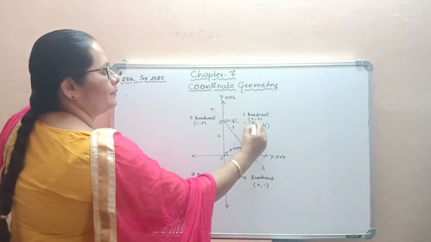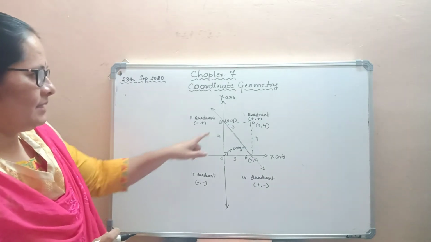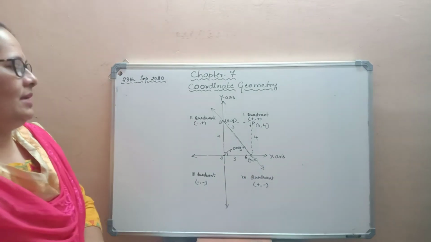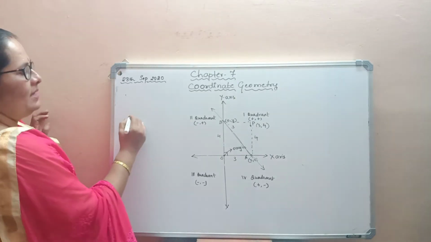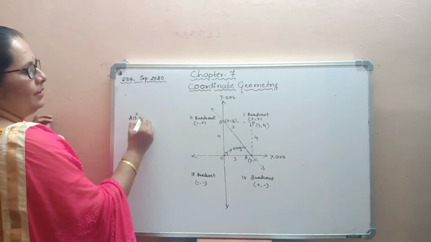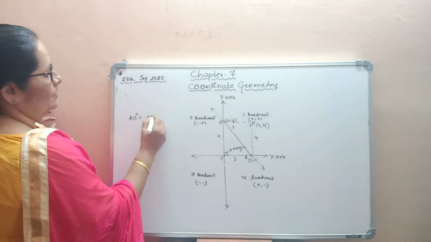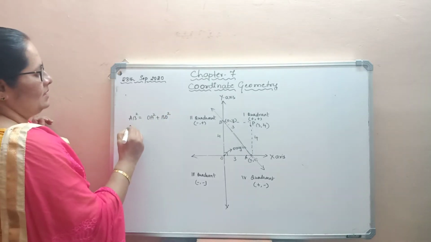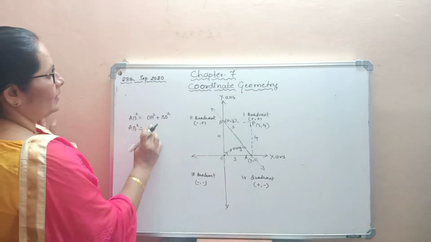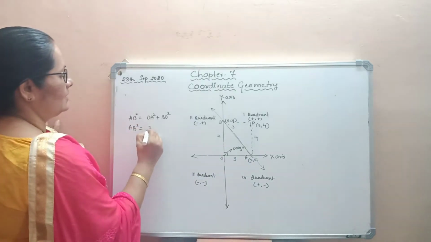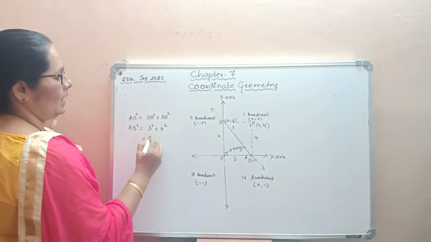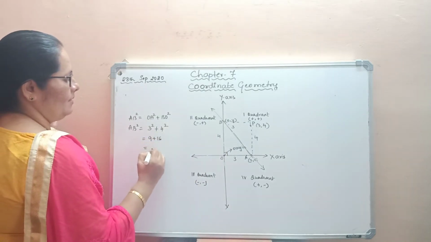Now, how will we find the distance between A and B? By using the Pythagoras theorem. So AB square equals AO square plus BO square. AB square equals 3 square plus 4 square, which is 9 plus 16, that is 25.